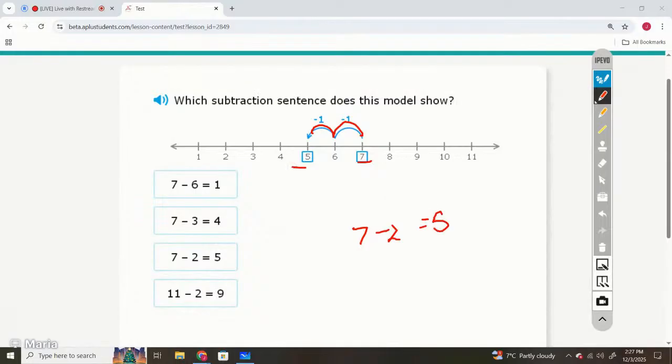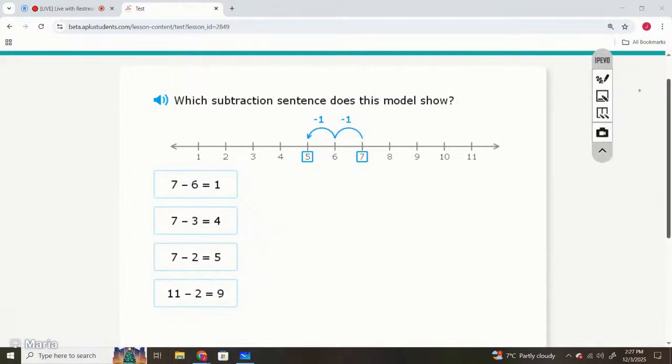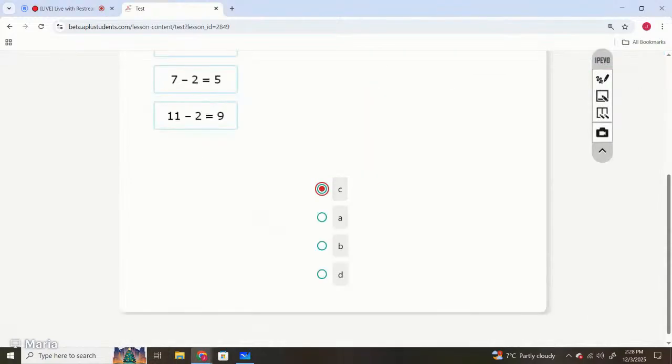So that is 7 take away 2 equals 5. So 7 take away 2 equals 5. Where is the correct options? Option number C.